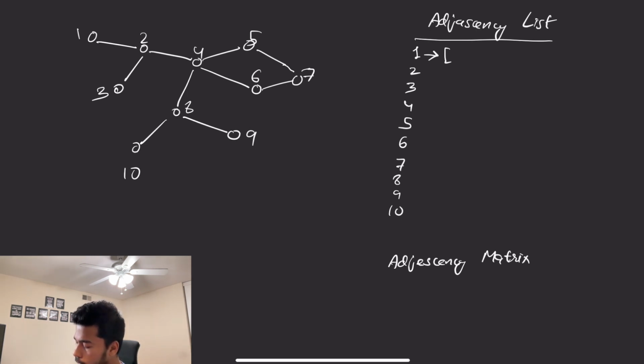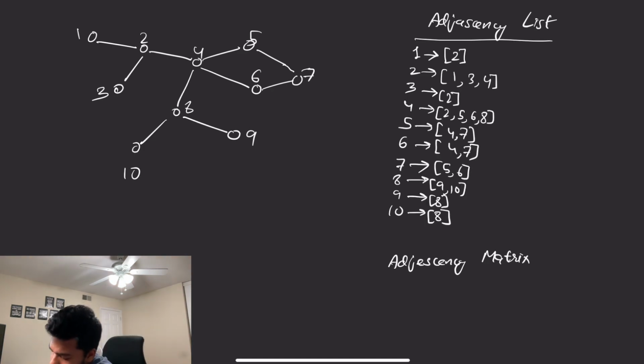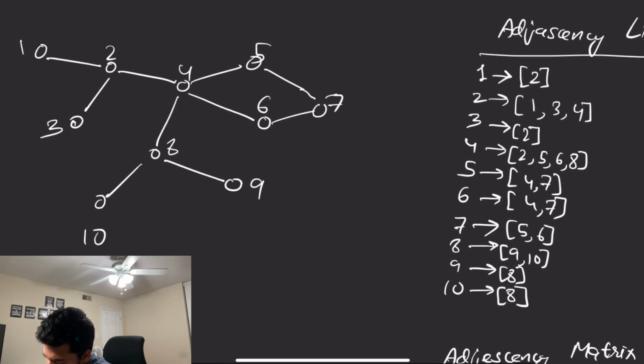So 1 has just one neighbor, 2. 2 has 1, 3, and 4. 3 has 2, and you get the idea, right? 4 would have 2, 8, 5, and 6. Okay, so I've written out the list.